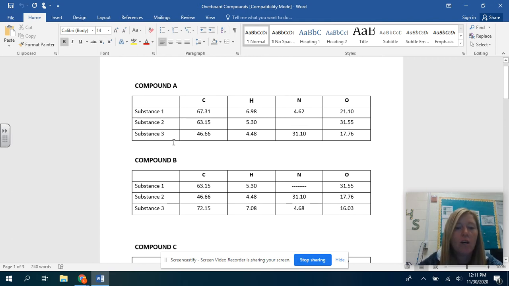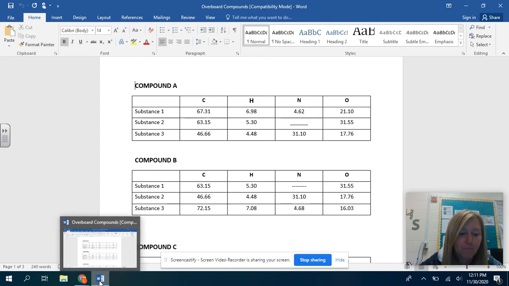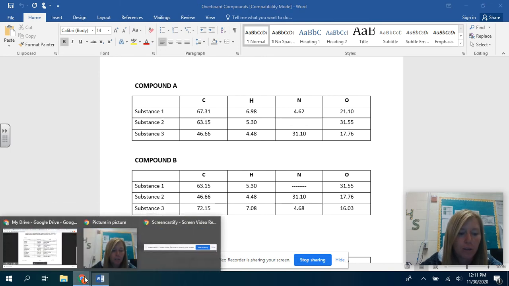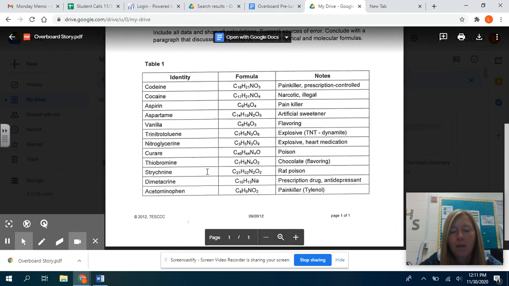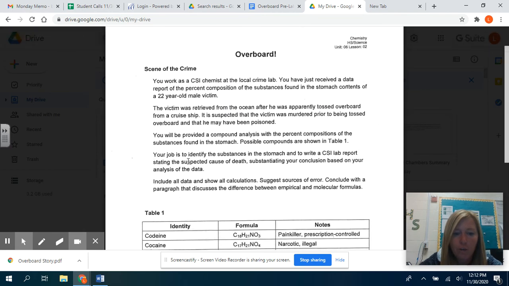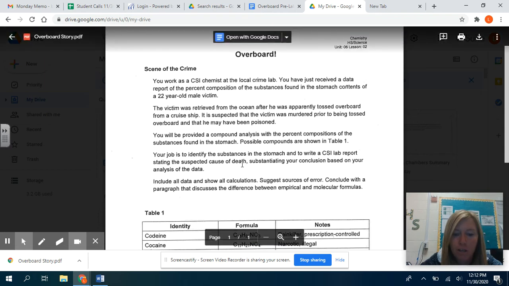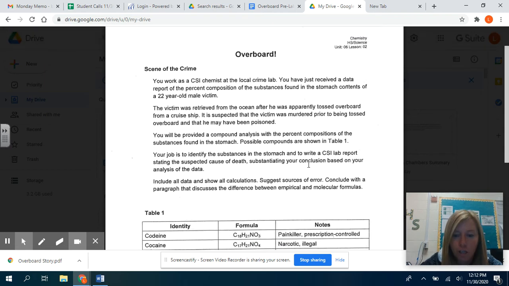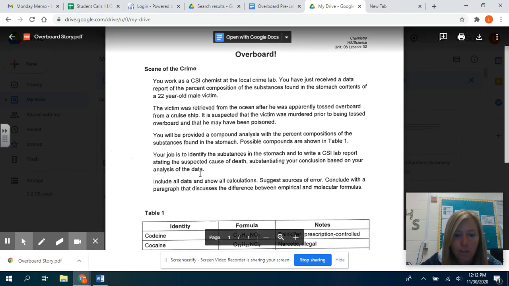And then on Friday, you're going to go back to this, and you're going to do this last part, okay? You're going to identify the substance in the stomach. That's actually Thursday's assignment, okay? Then you're going to write a CSI lab report stating the suspected cause of death, substantiating your conclusion based on your analysis of the data.